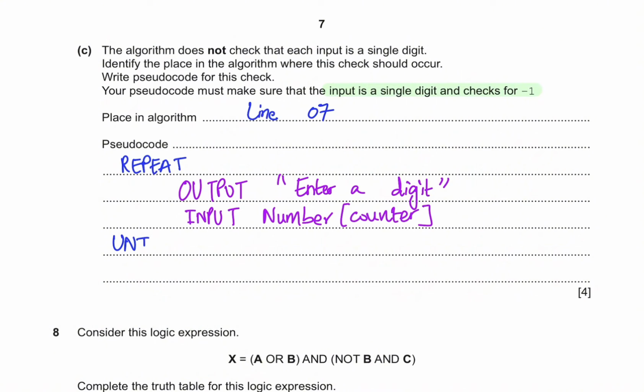Repeat until. The name of the loop is repeat until loop. Okay. So since it's a post condition loop, the condition will be given here.